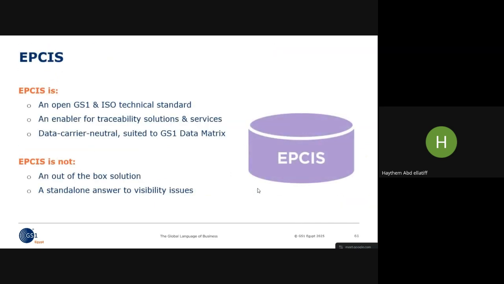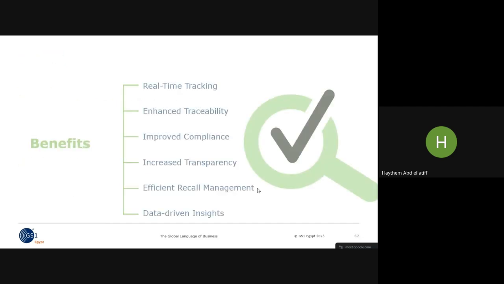As I told you, it is open source from GS1, and also ISO compliant. The benefits of EPCIS include real-time tracking, better traceability, improved compliance, transparency, recall management, and data-driven insights.